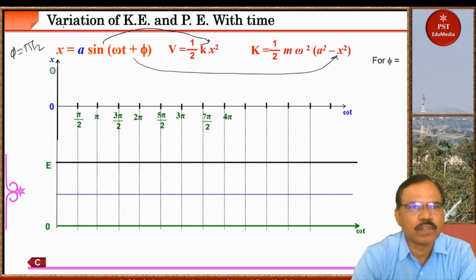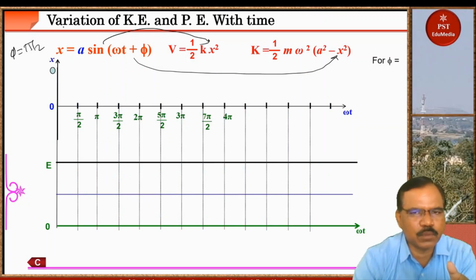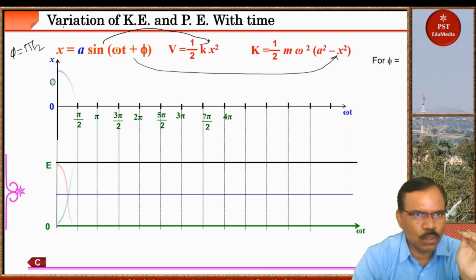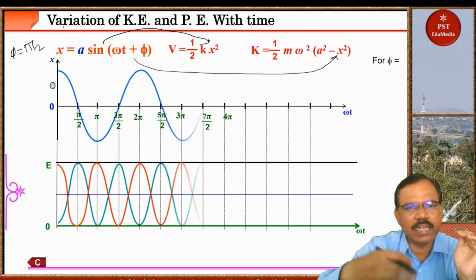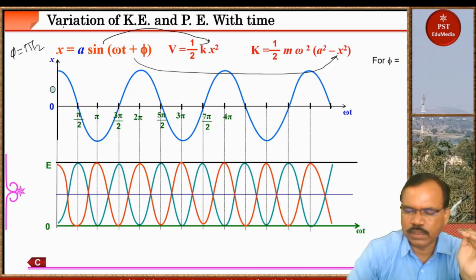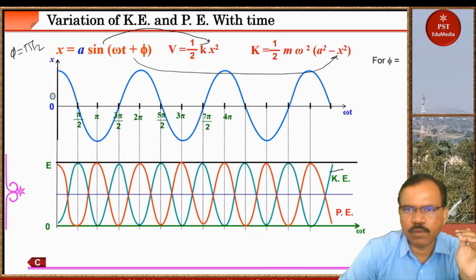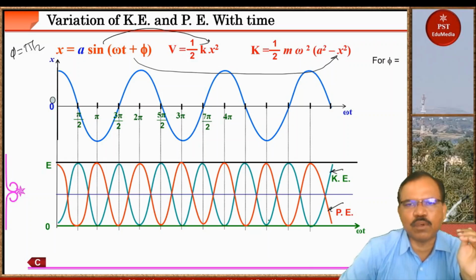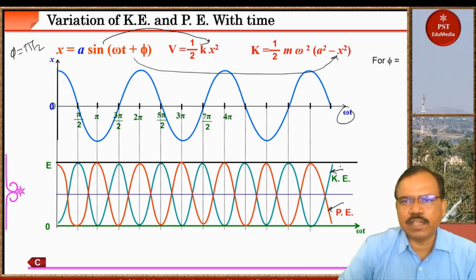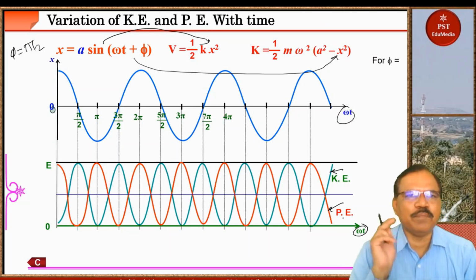So see here. Below I have shown kinetic energy and potential energy. Total energy is constant. When the particle is moving, its kinetic energy is changing and potential energy is changing. This graph is for kinetic energy and this graph is for potential energy, and on the omega t axis we will compare them.